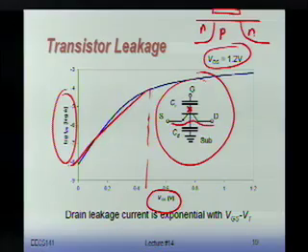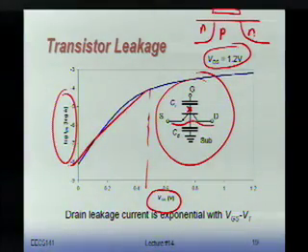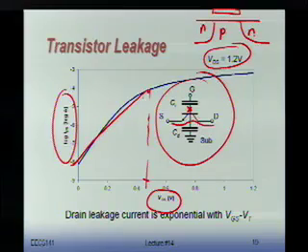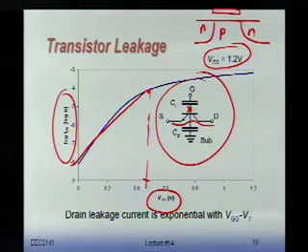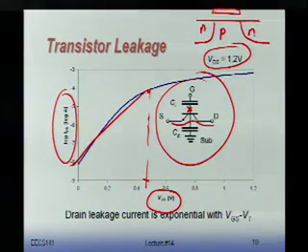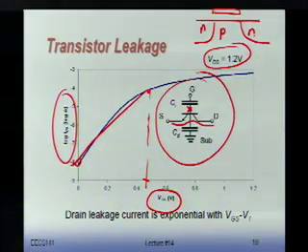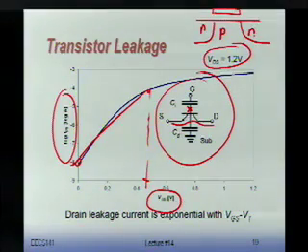So the subthreshold current is an exponential current of VGS. So reducing my voltage below VT, you can see that, yes, I still have a current, but it drops down in an exponential fashion. Okay? So that's always been the case. It's been the case 20 years ago, 30 years ago, and is the case today. So why do we worry about threshold voltages then? Why do we care about leakage current today more than we did in the past? What has changed?